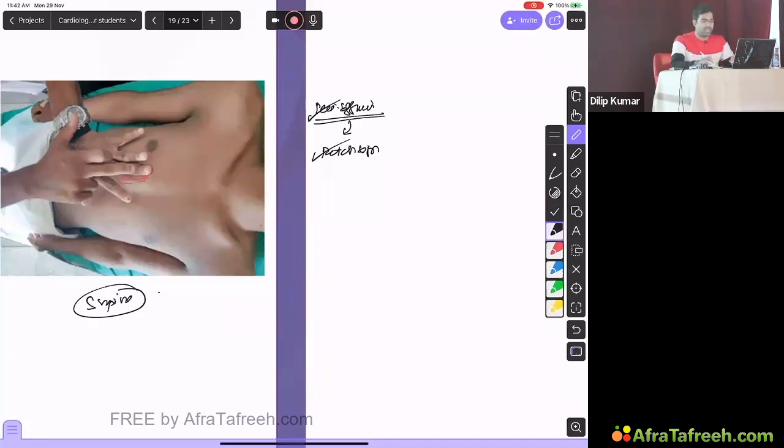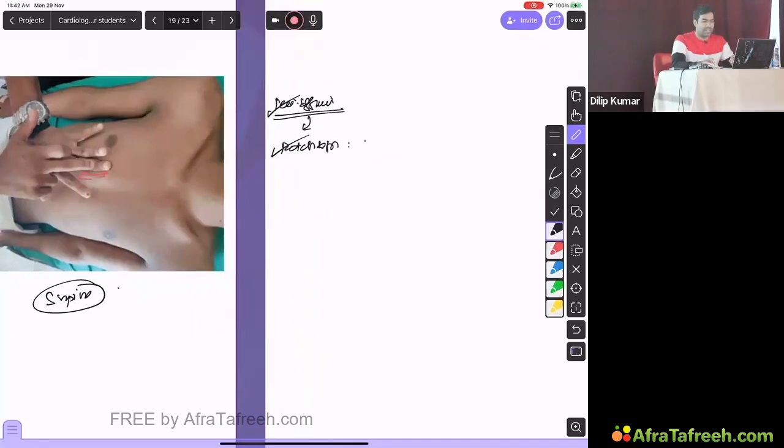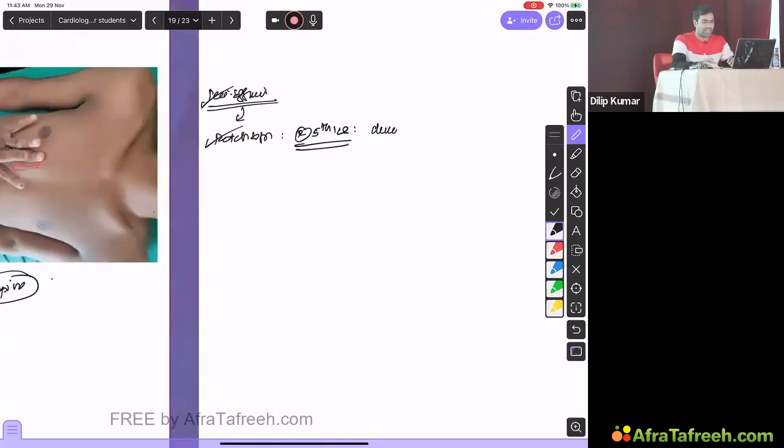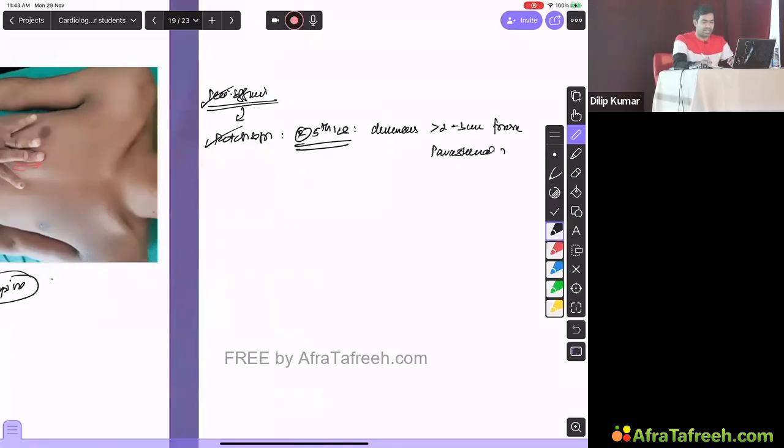What Rotch sign means is, in the right fifth intercostal space, if the dullness extends more than 2 to 3 centimeters from the parasternal region, it is suggestive of pericardial effusion. That's what he said.